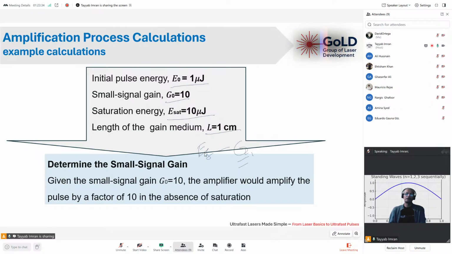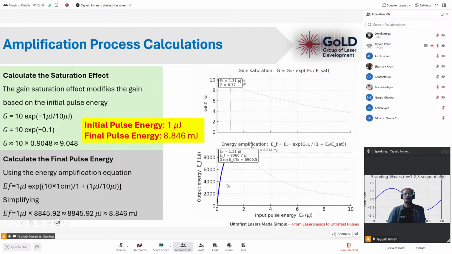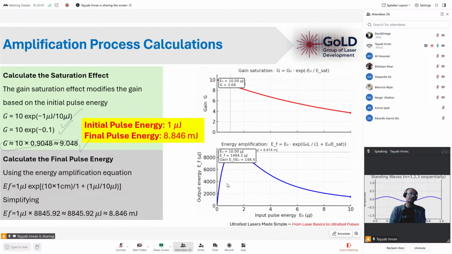That will be the next slide. First we need to calculate by using the previous formula, if you remember the previous slides. You substitute the values here and you get the gain value. Then you calculate the energy.